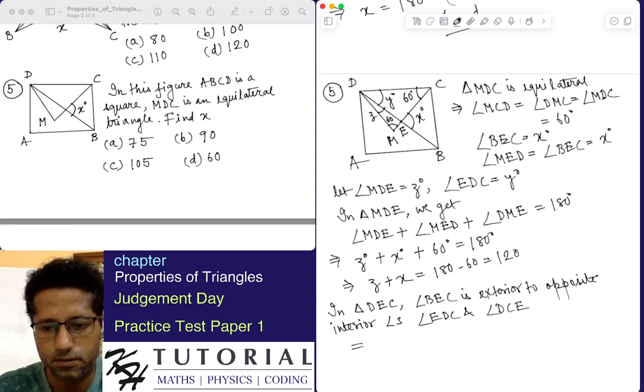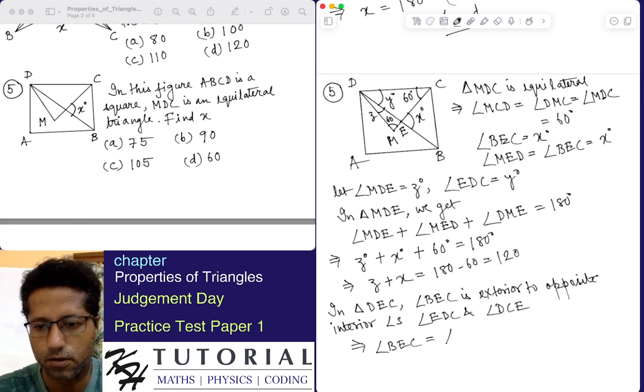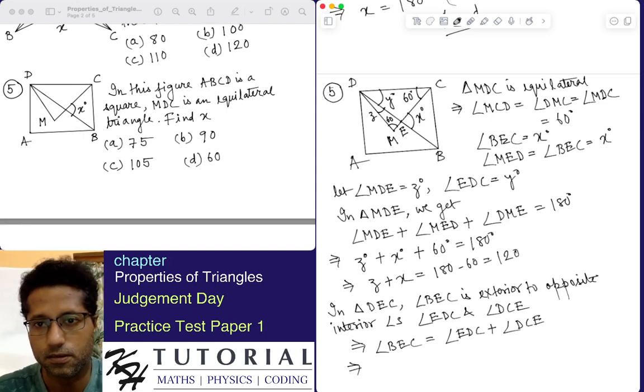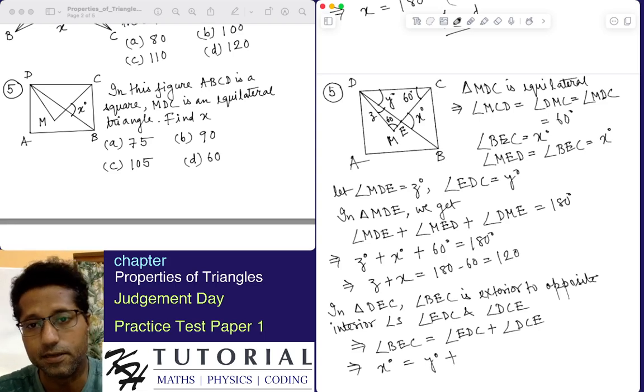So the exterior angle BEC should be equal to the sum of the interior opposite angles, that is angle EDC plus angle DCE. Angle BEC is nothing but x degree, equals angle EDC, which we have considered to be y degree, plus angle DCE.